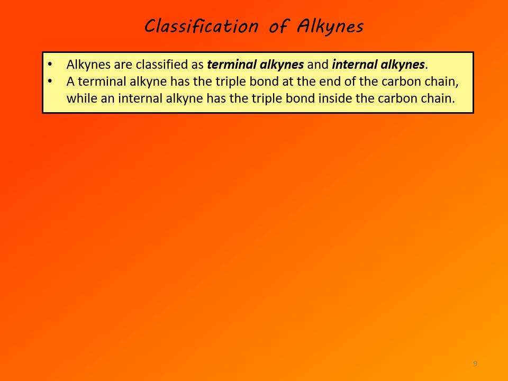Alkynes are classified as terminal alkynes and internal alkynes. This is a very important classification. It's used a lot in this course and in organic chemistry in general, and you have to be familiar with it. A terminal alkyne has the triple bond at the end of the carbon chain, while an internal alkyne has the triple bond inside the carbon chain. As a consequence, the 2 classes of alkynes have very different properties.